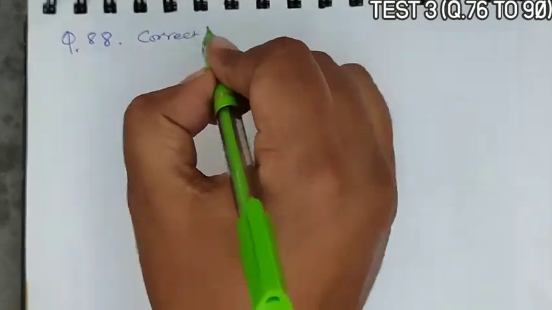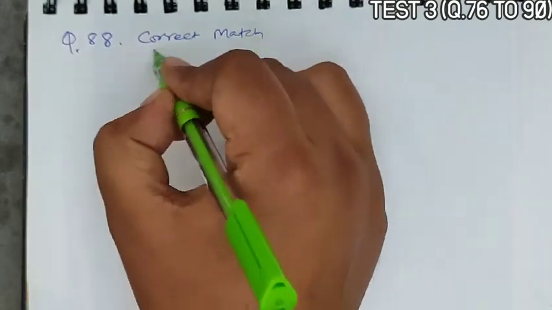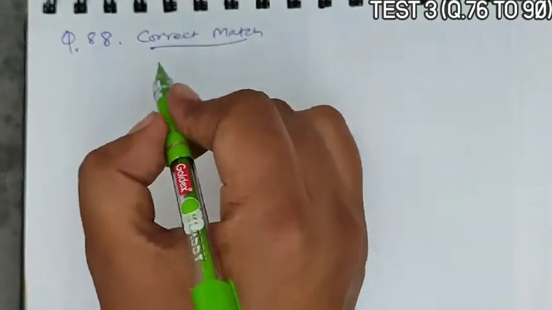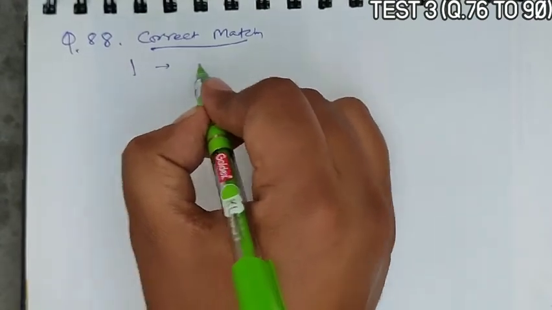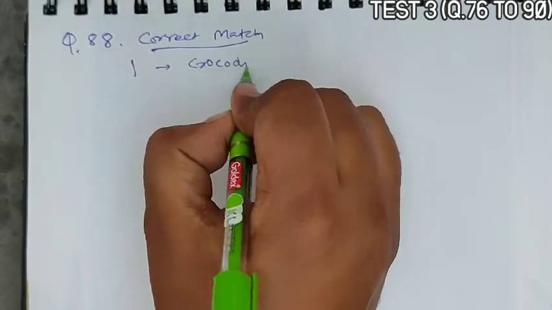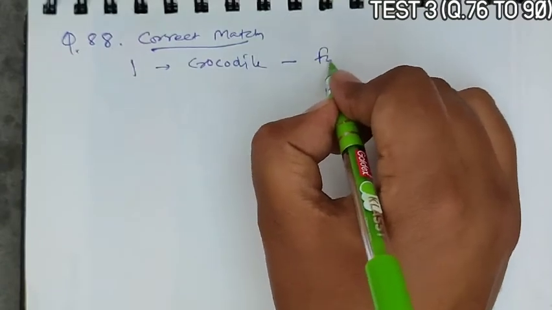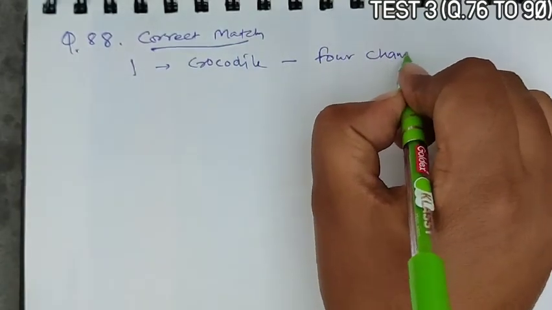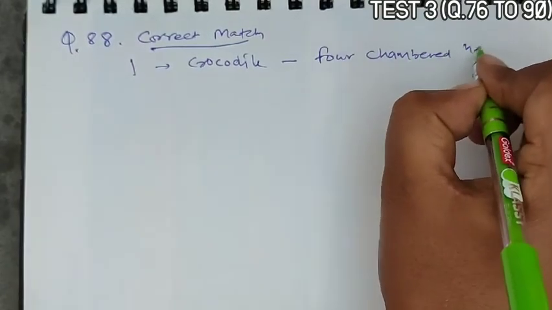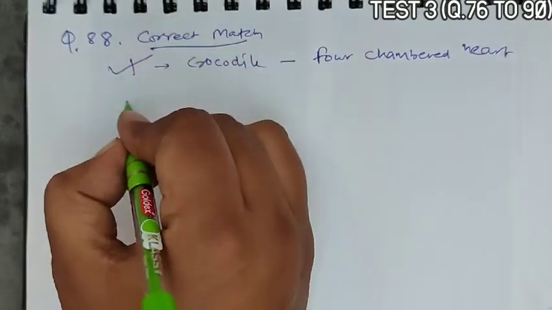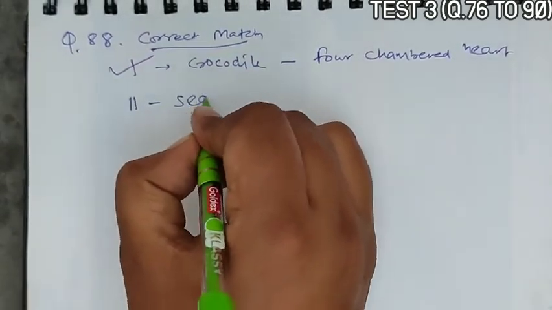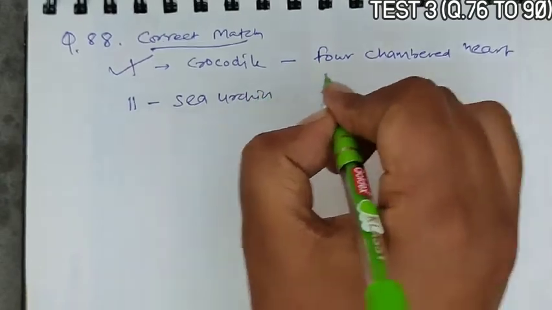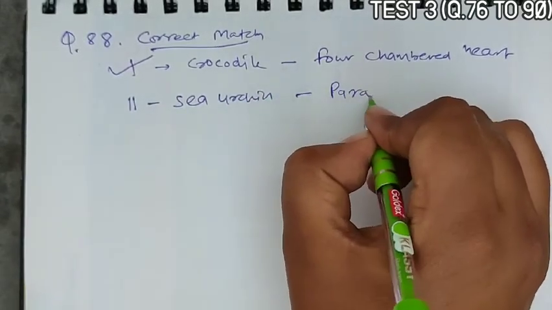Question 88. Which of the following pairs are correctly matched? We have to select the correctly matched. Now in the options, they have given crocodile in column 1 matching with 4-chambered heart. So you know that this is a correct match. Second option, sea urchin is given against parapodia.